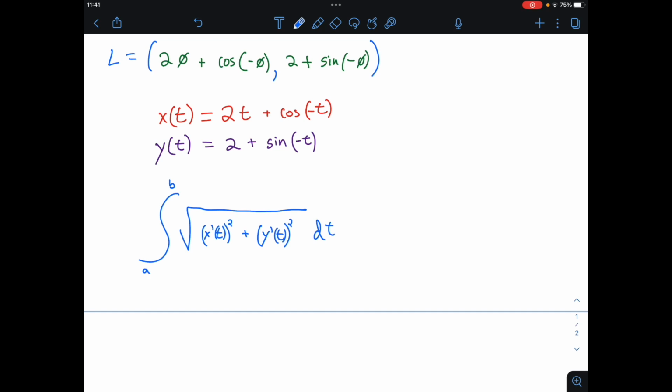Basically, if I take that integral over the interval a to b, I'm going to get the length of the curve, which is pretty darn neat. But that's going to require that I have x prime t and y prime t.